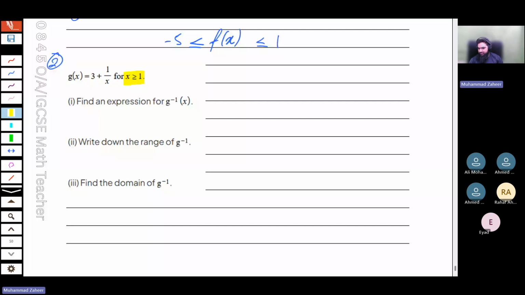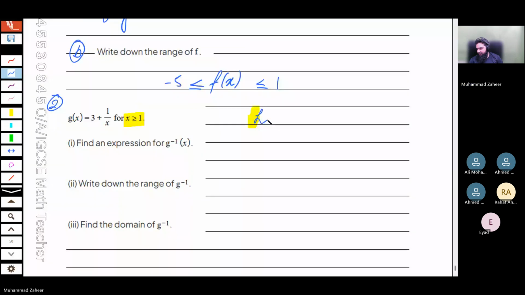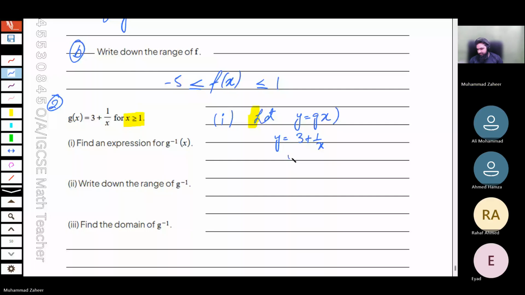First of all, we suppose that y is equal to g of x. So I get y equals 3 plus 1 by x. Now plus 3 on this side will be minus 3, equal to 1 by x. x is dividing, on the other side it will be multiplied.